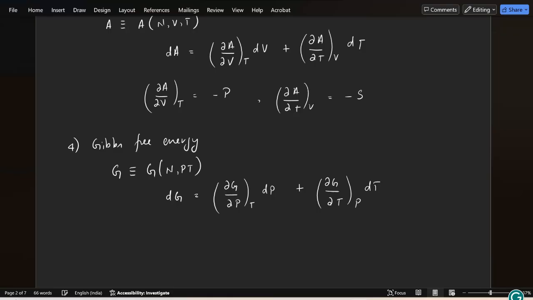So now, do you know the formula for Gibbs free energy? G is equal to H minus TS. Okay, this is the formula for Gibbs free energy. Therefore, dG is equal to dH minus TdS minus SdT.